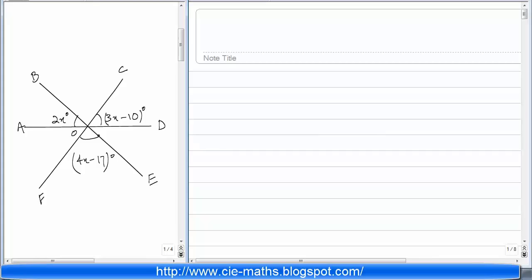Okay, here is an example, and we are going to solve this question where I have to find the value of x, and let's see.